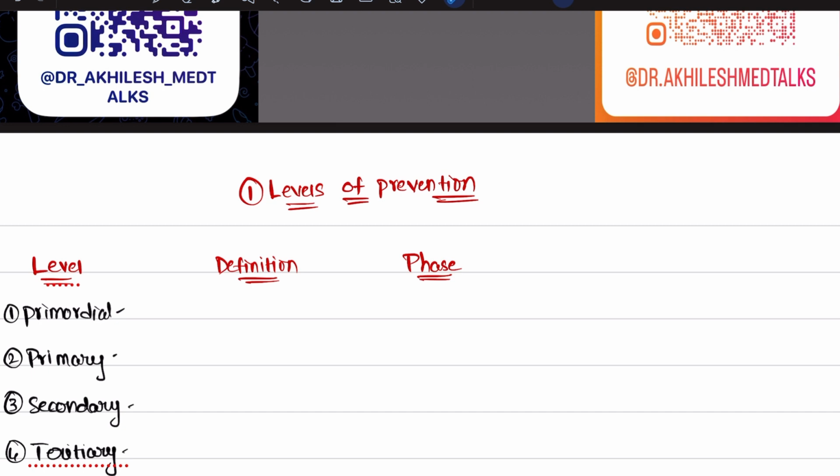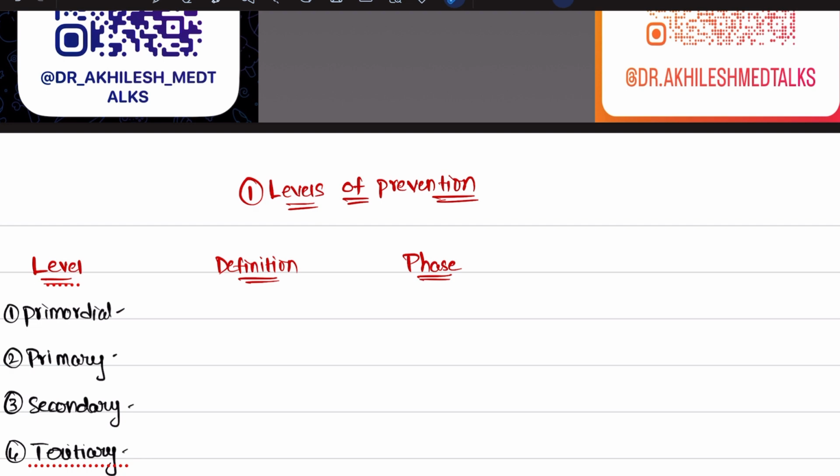So here the disease may be present or absent, but most of the factors are present. Why does the patient come to the clinic? If she is having some disease symptoms, that's why she comes to the clinic. So we are going to screen the patient. All these screening tests come under the secondary level of prevention.